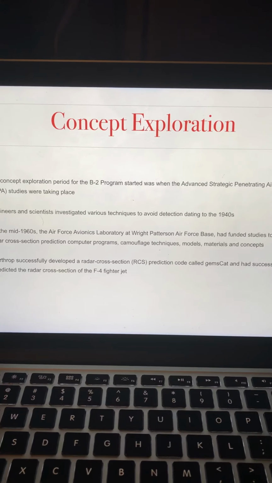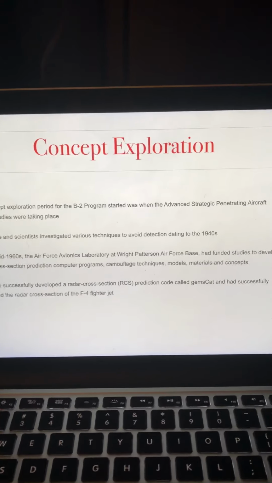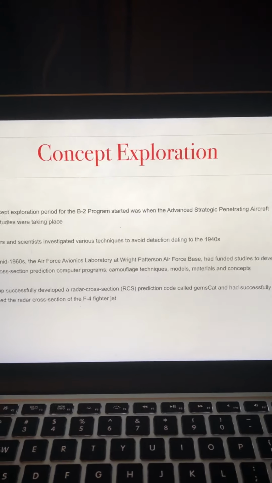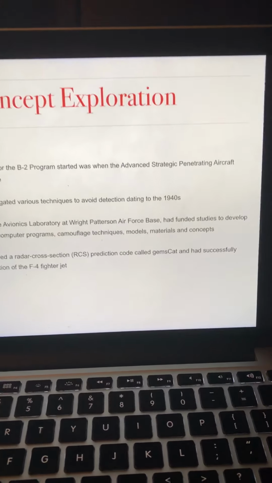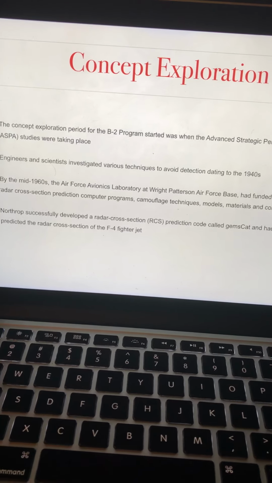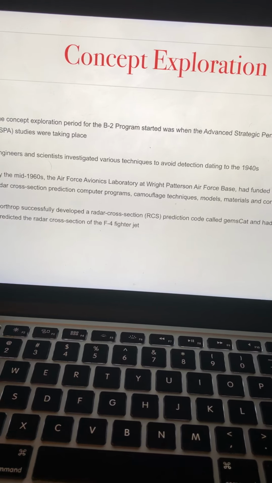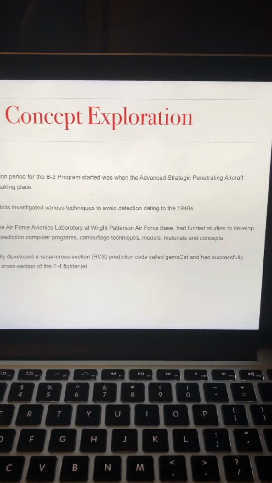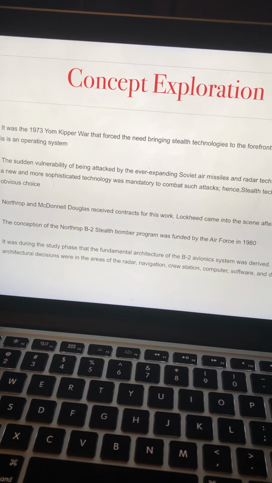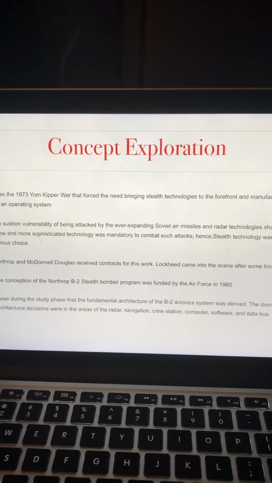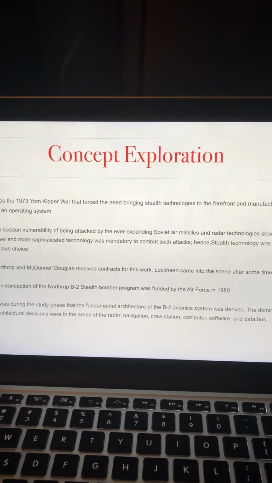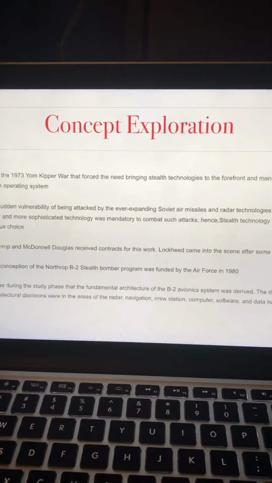Northrop successfully developed a radar cross-section, or RCS, prediction program called GEMS-CAT, and it successfully predicted the RCS for the F-4 fighter jet. But it was the 1973 Yom Kippur War that forced the need for stealth to come about and work as an operating system.